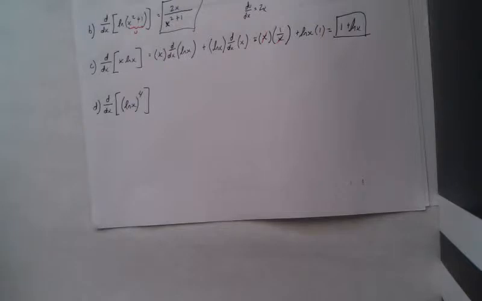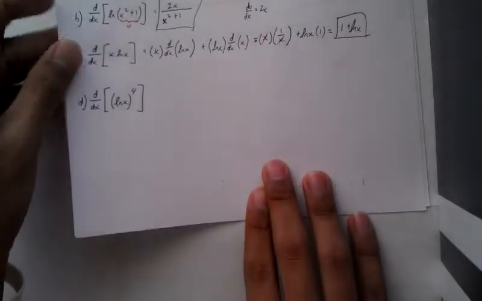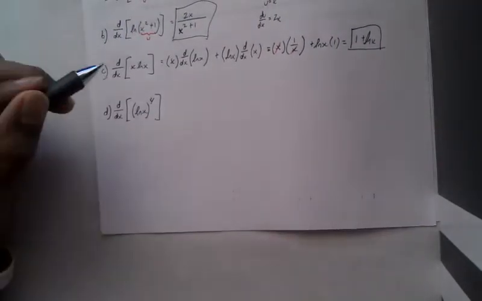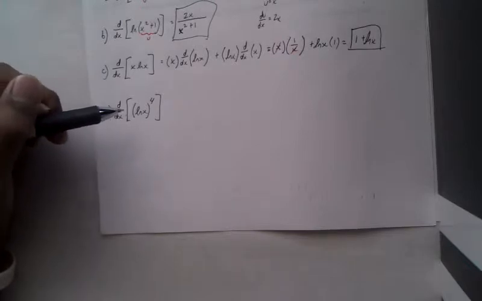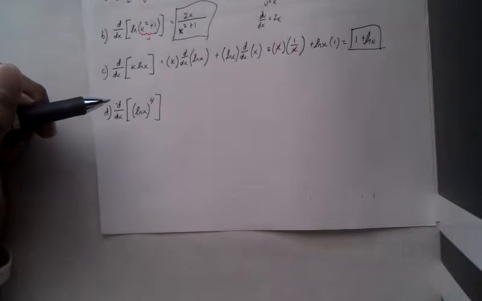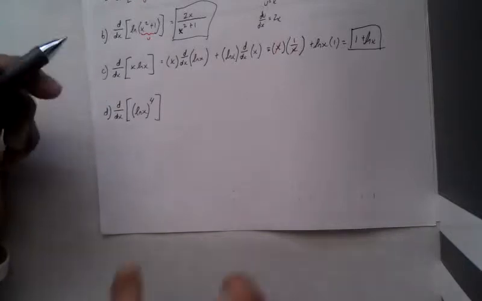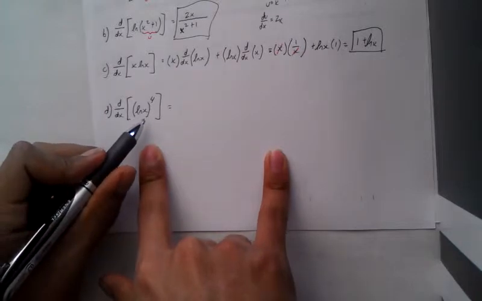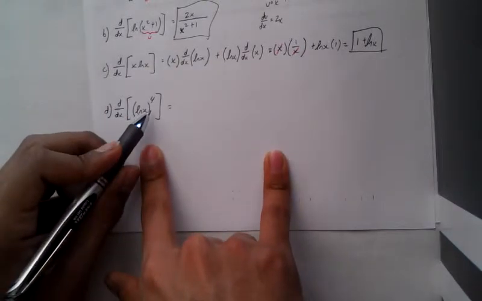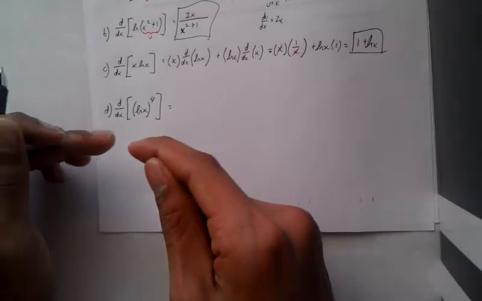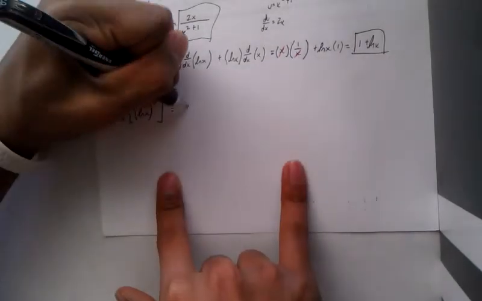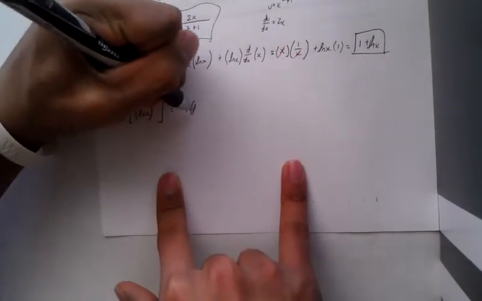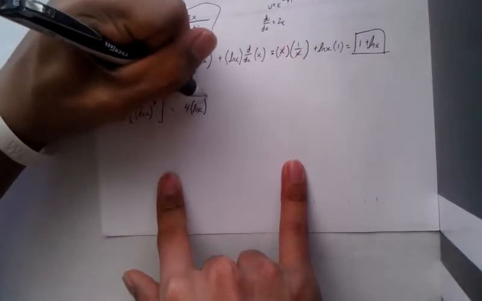And then D, when we take the derivative of this, we're just going to use the chain rule idea. So first thing, work from the outside and just move in. Bring the 4 out to the front. Inside remains the same.